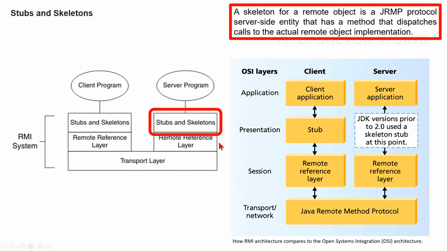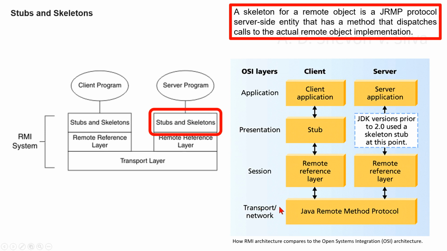Now we are considering stubs and skeleton related to the client program. A skeleton for a remote object is a JRMP protocol server-side entity that has a method that dispatches calls to the actual remote object implementation.